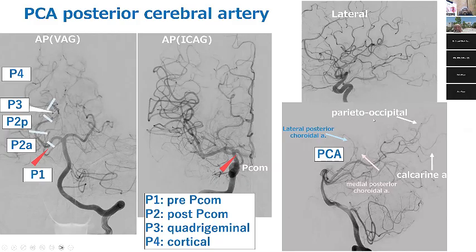On the right side, two main cortical branches, which are very important, the parieto-occipital artery and the calcarine artery, which supplies the visual cortex, can be identified. And also, you can see the medial posterior choroidal artery here and the lateral posterior choroidal artery here.